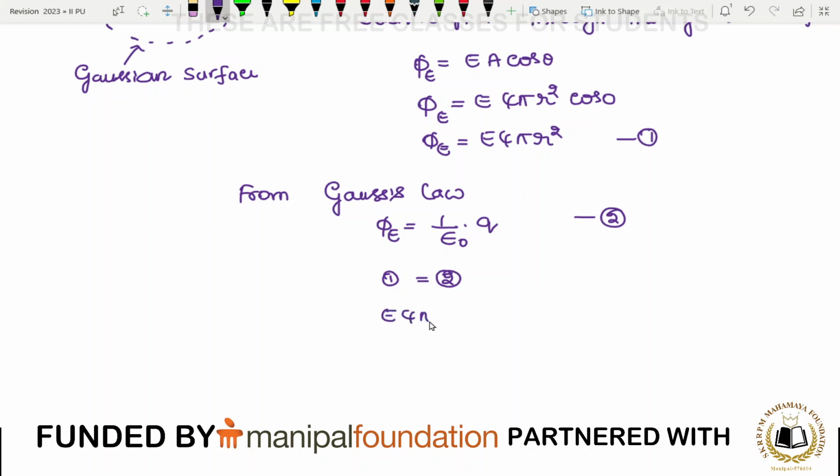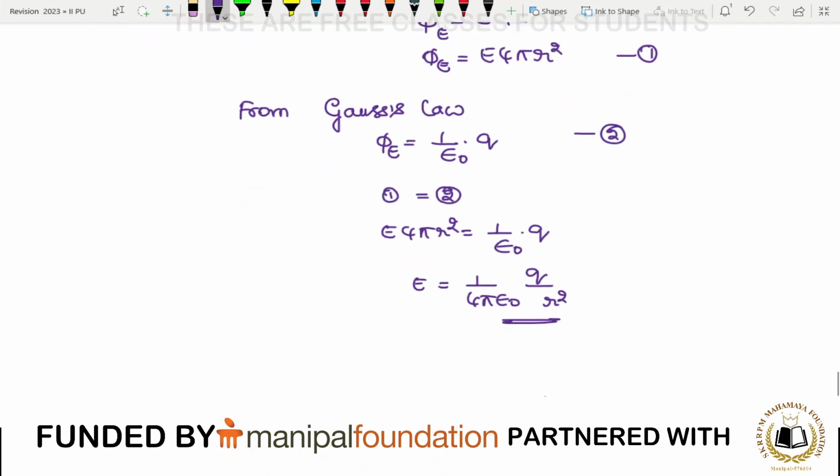So E into 4 pi r square equals how much? 1 by epsilon naught times Q. So rearranging, 1 by 4 pi epsilon naught Q divided by r square is the formula.